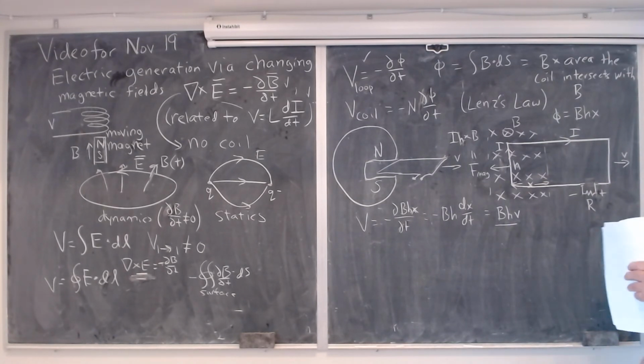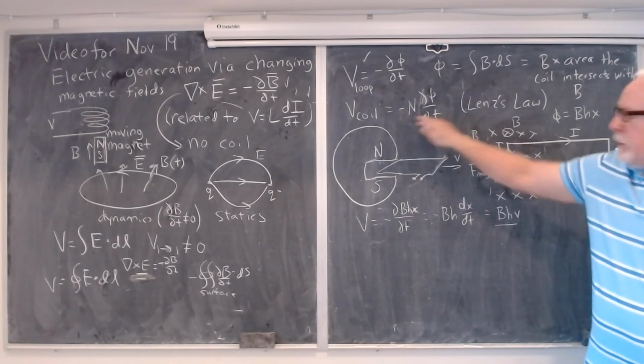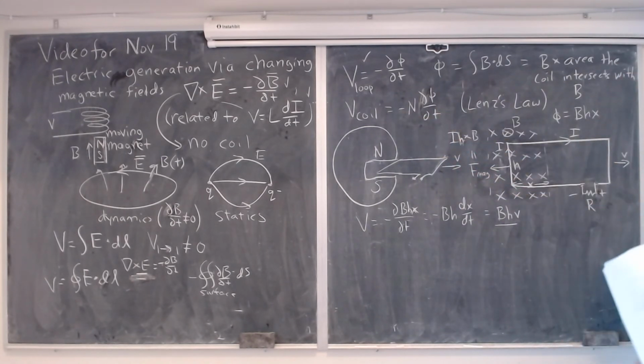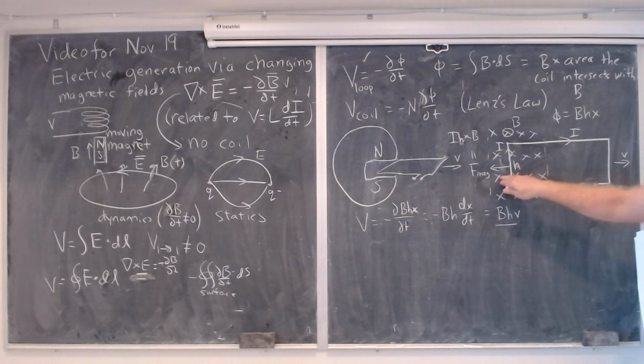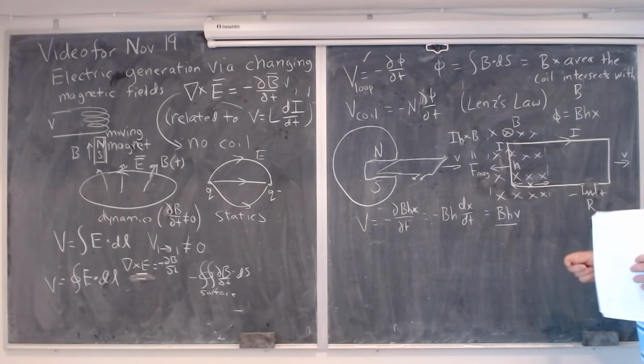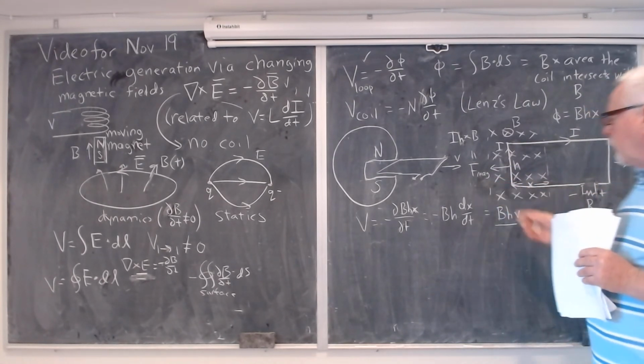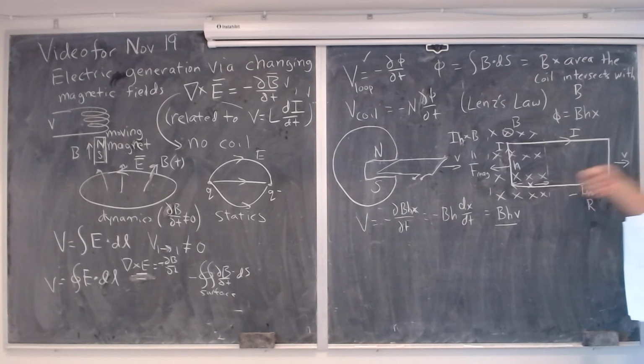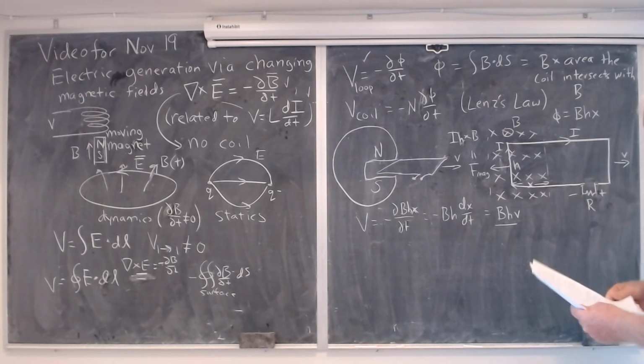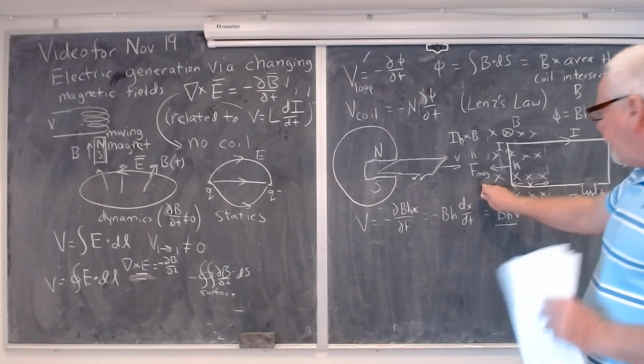What I'm basically saying is you can try to use Lenz's law on the minus sign and figure out what direction the voltage is, but it's better to work from a logical understanding of what direction the magnetic force should be, because basically it has to resist me pulling it. Now, let's think about that magnetic force.